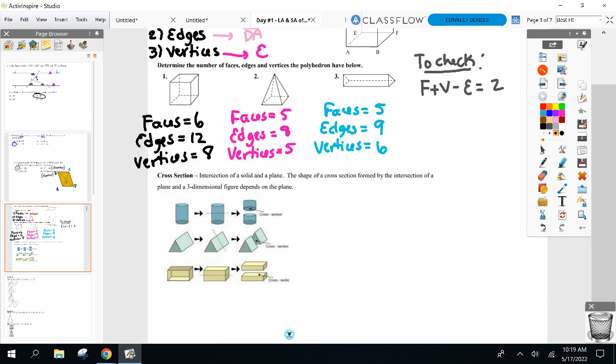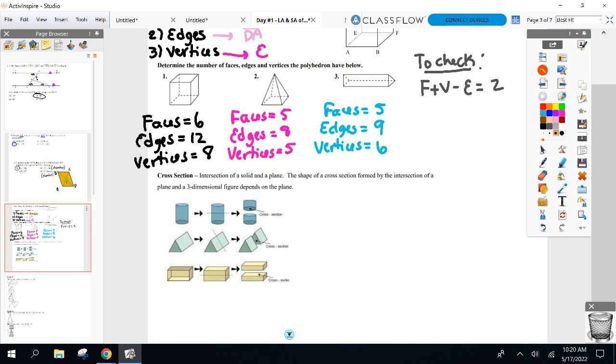Let's talk about slicing these figures. Slicing them. Anybody know that's in the shape of a what there? Cylinder, yep. Okay, let's talk about slicing this.